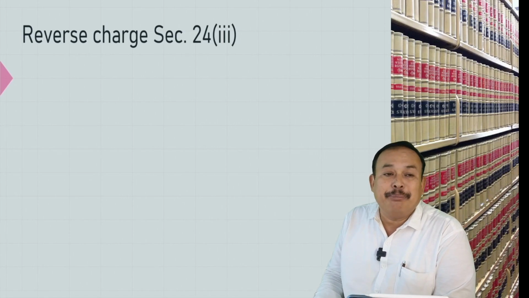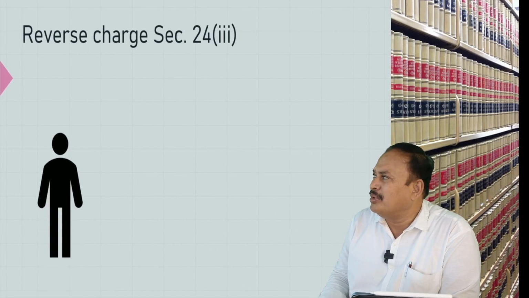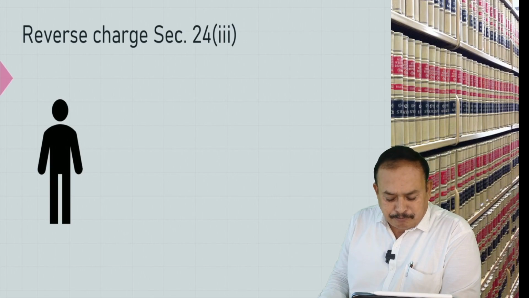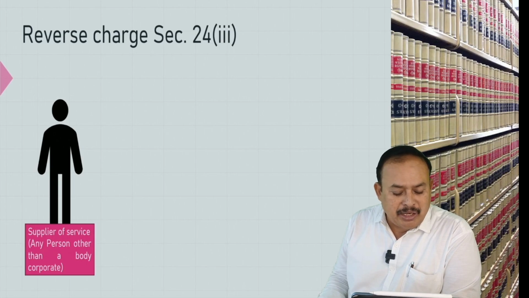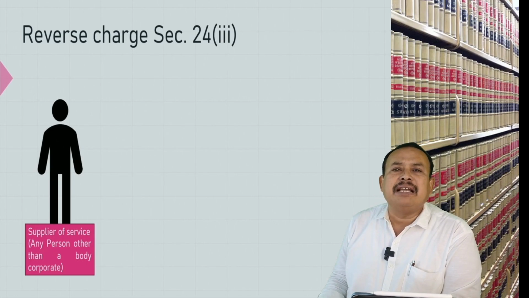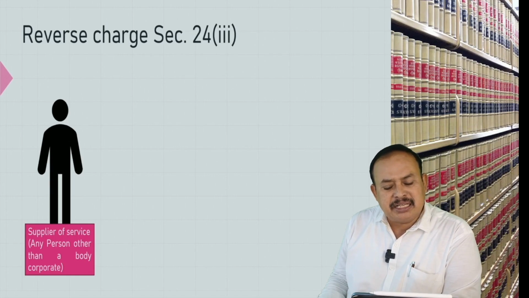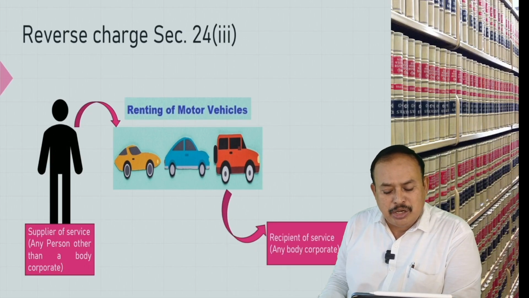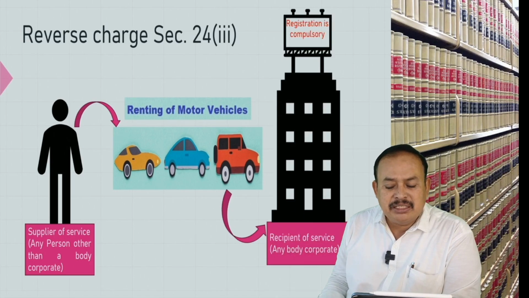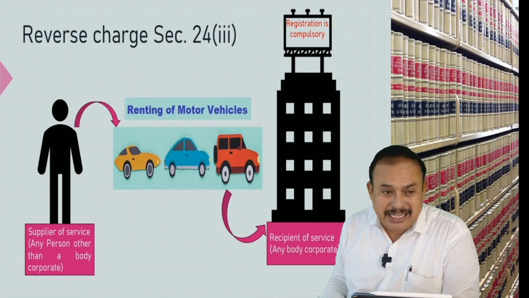One example I am bringing to your notice, a classical example. Look here. A supplier of service, any person other than a body corporate, supplies renting of a motor cab, with renting charges including the cost of fuel, to a body corporate located in India.